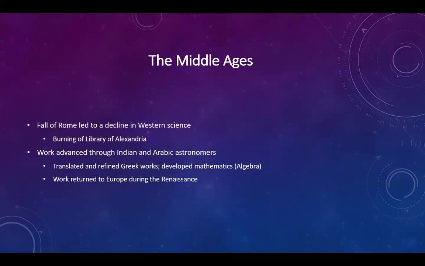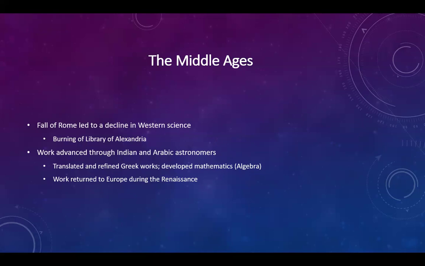Then in the Middle Ages, in the West, the fall of Rome led to a decline in Western science. Much of that science and detailed thought continued further east, in the Eastern Roman Empire, which remained functioning after the Western Roman Empire fell, and also material diffused east into the Arabic and Indian worlds.